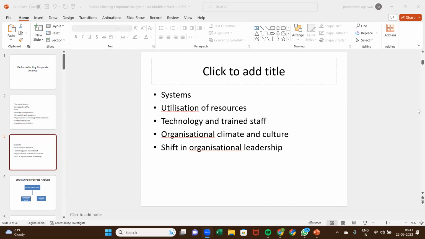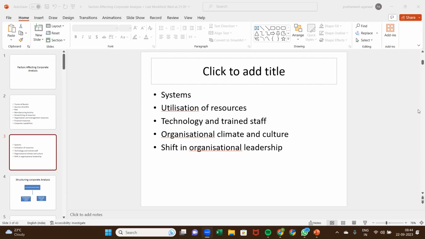Okay. Next is shift in the organizational leadership. Now, what happens? All of a sudden, there is a change in leadership. Change in leadership will affect the organizational culture, and it will create conflict, and the efficiency of the system or the people will go down.